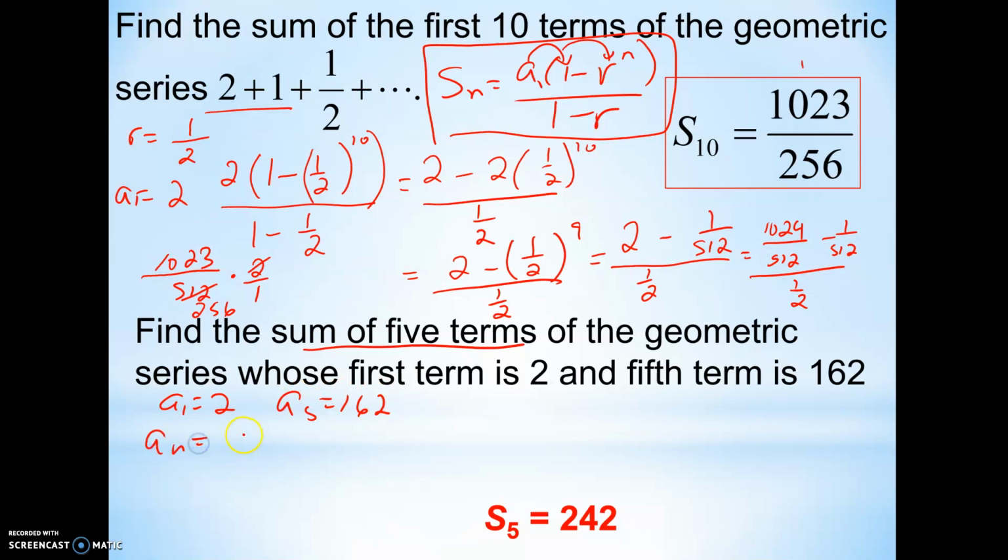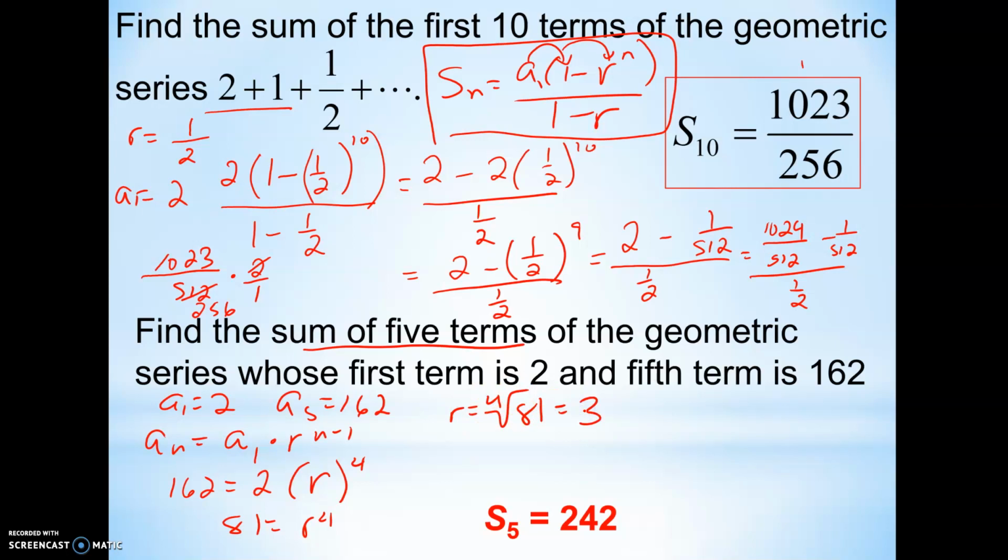I know that a sub n is equal to a sub 1 times r to the n minus 1. So a sub 5 is 162. That's equal to 2 times r to the 4th because n is 5, because it's a sub 5. I divide the 2 over, and I have 81 is equal to r to the 4th. Well, r is going to be the 4th root of 81, which means that my common ratio is 3.